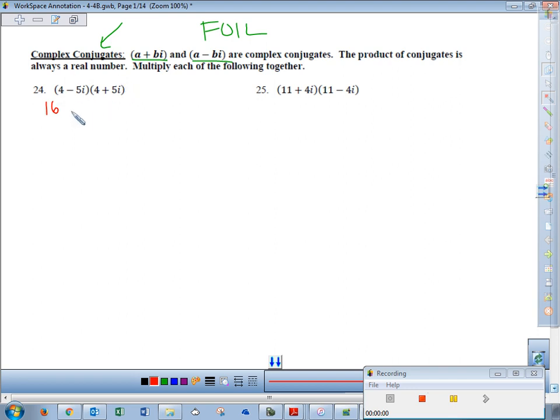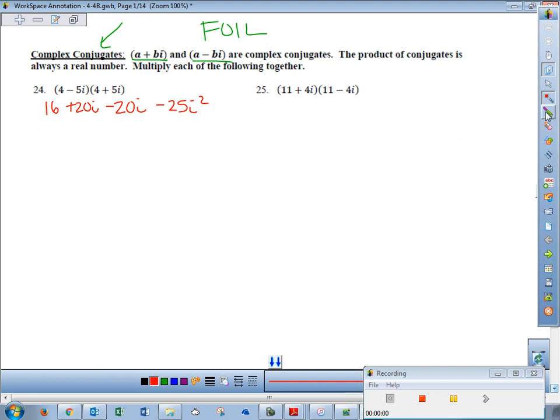Outside terms, what's 4 times 5i? Positive 20i. Inside terms, what's negative 5i times 4? Negative 20i. And the last terms, negative 5i times positive 5i, is negative 25i squared.